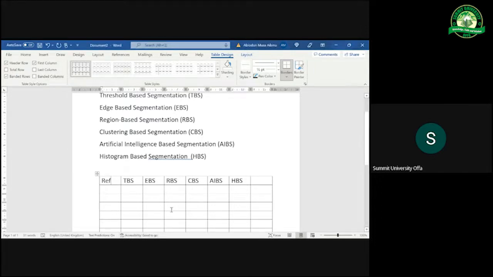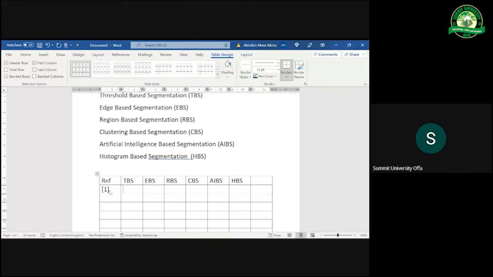When you look at this work, reference number 1, that says here, use segmentation technique. What type of segmentation has the author used? Maybe this is reference 1 now. What type of segmentation technique have the authors used?